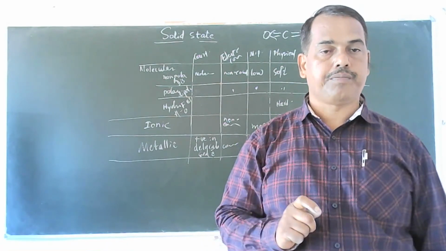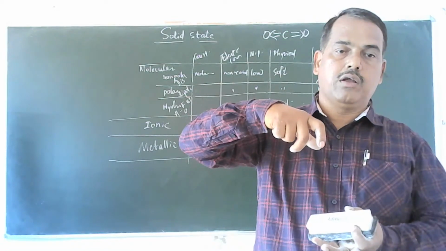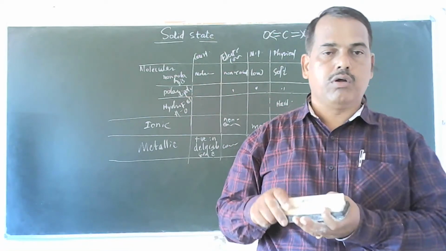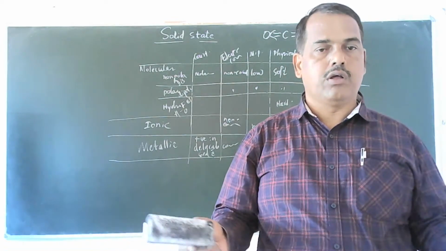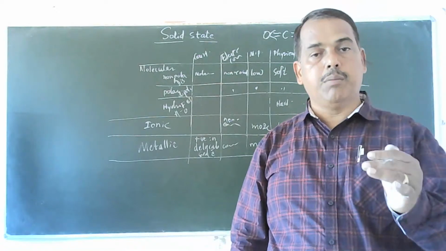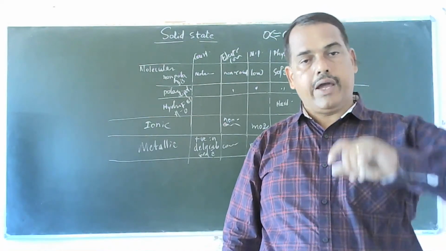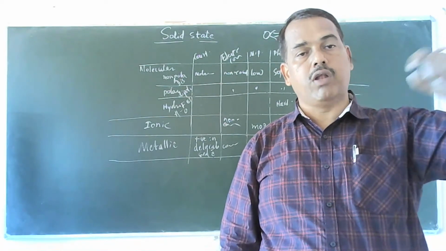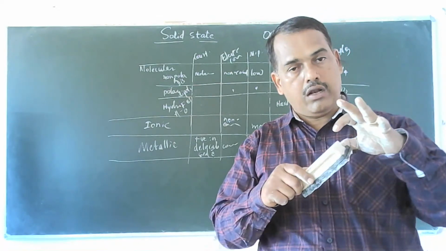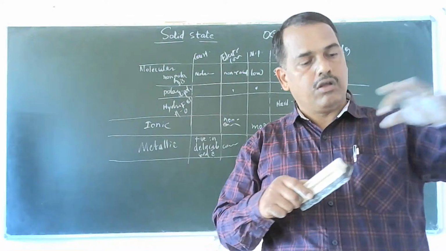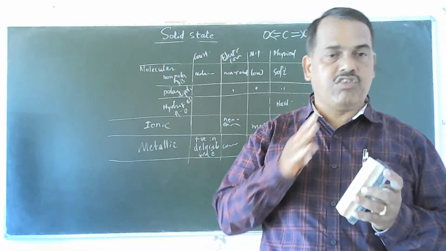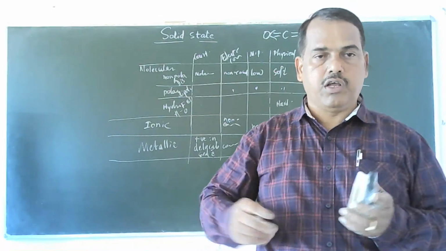Metals have bright luster. When light falls on it, the mobile electrons start to oscillate to and fro, and therefore reflection you can find. So, they have bright luster. Metals are malleable and ductile, as mobile electrons are arranged in well order. So, they can be drawn into a thin wire, and they can also be made into sheets.